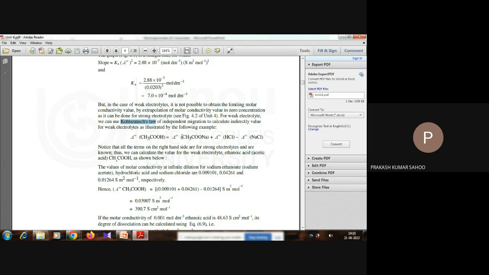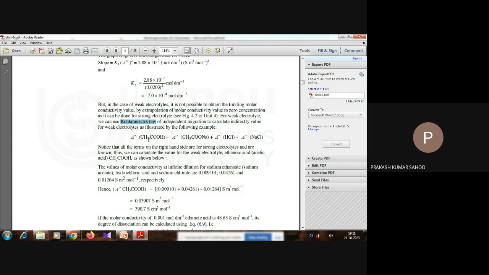Acetic acid is formed when sodium acetate is added with hydrochloric acid and subtracted with sodium chloride. Then what happens? Chlorine cancels, sodium cancels, so the remaining part will be CH3COOH. That means it is again acetic acid. So acetic acid is a combination of sodium acetate plus HCl minus NaCl.